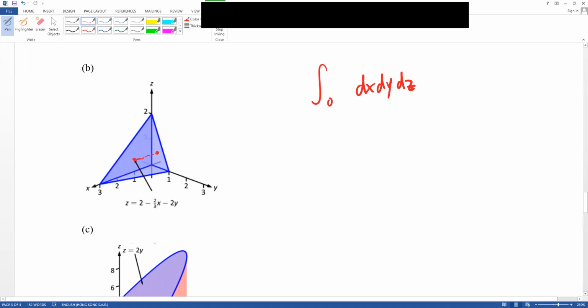So here I just need to express x in terms of y and z. If I use this equation, I have 2 divided by 3 times x equals 2 minus 2y minus z.